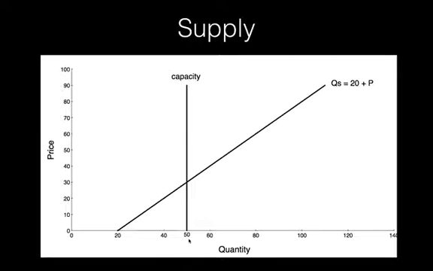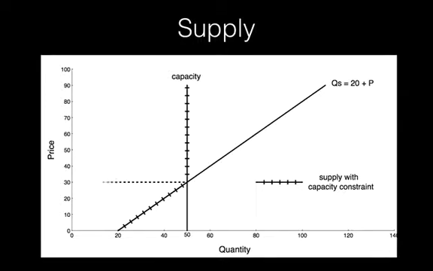So for example, if the theater only holds 50 people, draw a vertical line straight up, showing that as the capacity constraint. And the operational part of the new supply curve is going to be this initial section of the original supply curve, QS is equal to 20 plus P, until we hit the capacity constraint, and then it's vertical at that capacity constraint.